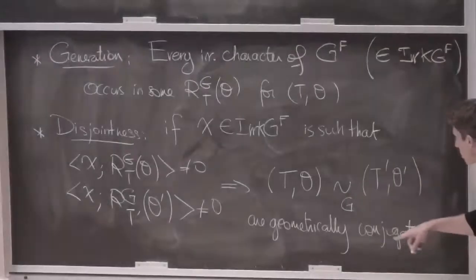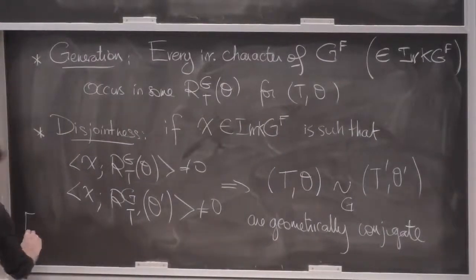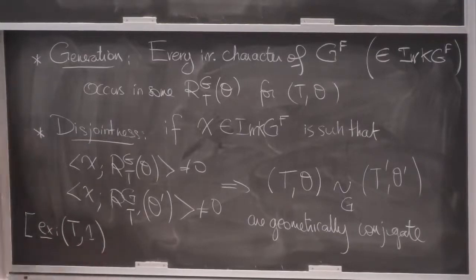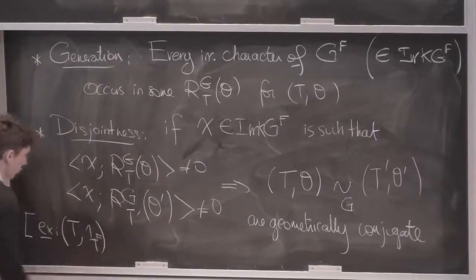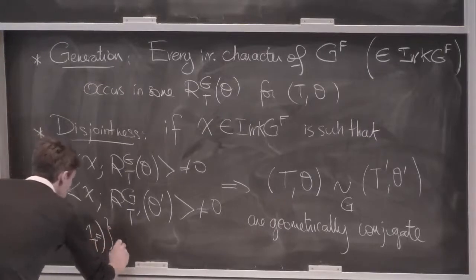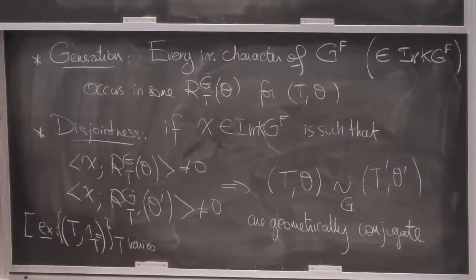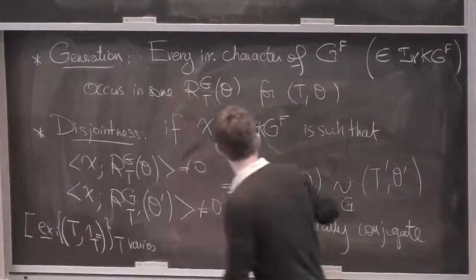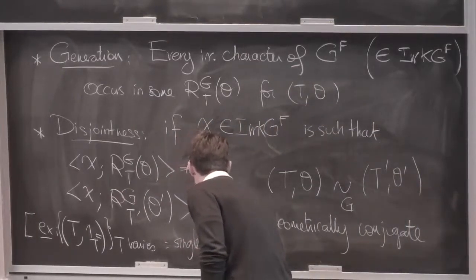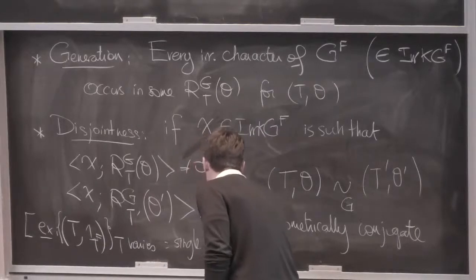All right, so let me just mention something as an example, even if I don't want to spend too much time on this conjugacy class. Every finite torus has one common character, the trivial character. So if you look at all the pairs where T varies among the F-stable maximal tori, then this is a single orbit, a single conjugacy class.